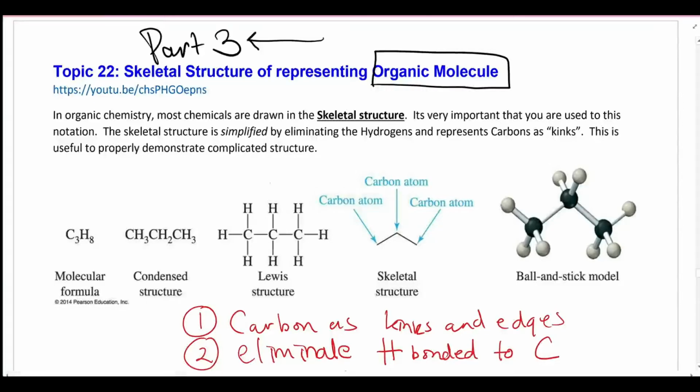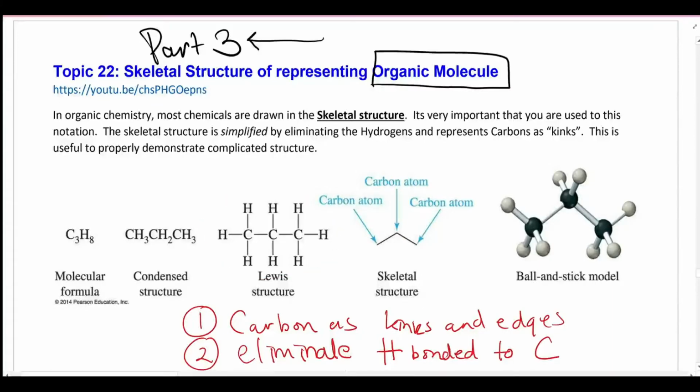And if you ever try to draw a Lewis diagram, there's a bunch of hydrogens attached to it, and this is actually going to be very time consuming to draw. So instead, in the skeletal structure, we're going to try to eliminate them, and we will try our best to maintain the geometrical model as well. So for example, this is the ball and stick model of the Lewis diagram that we have over here.